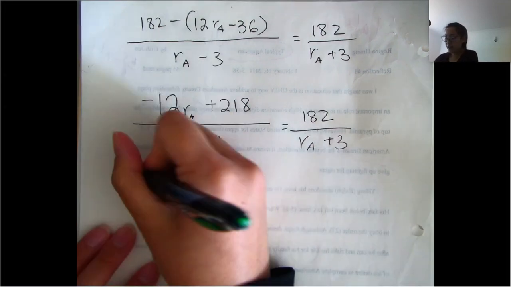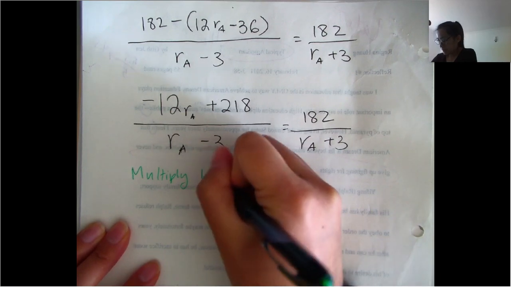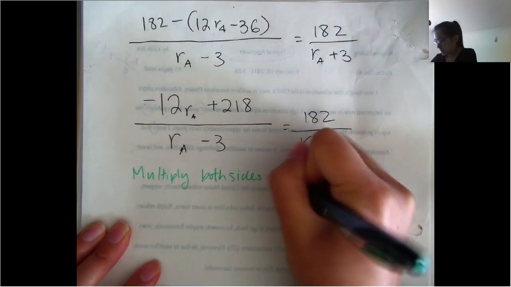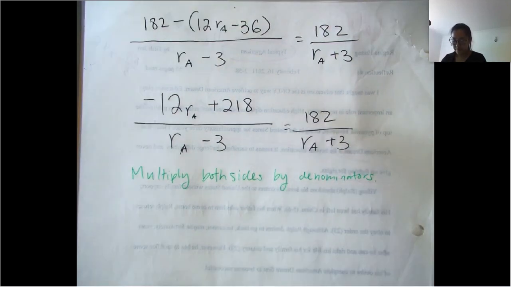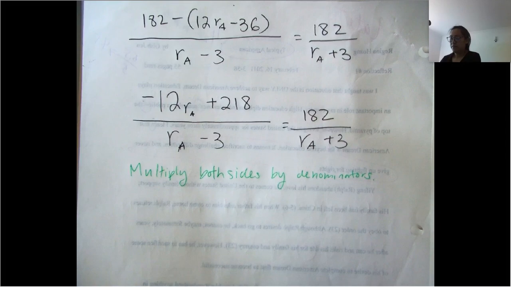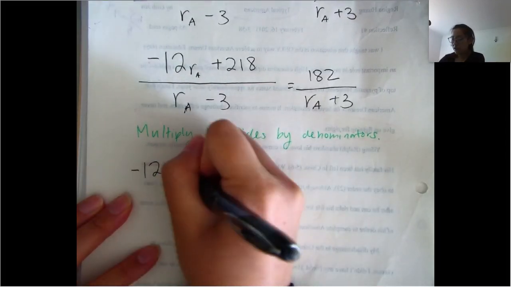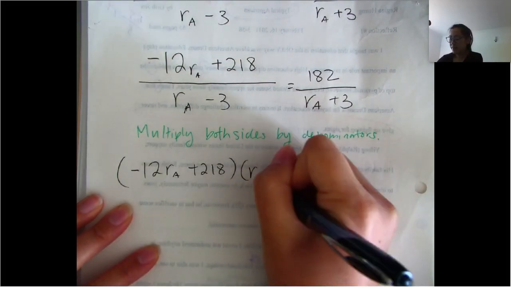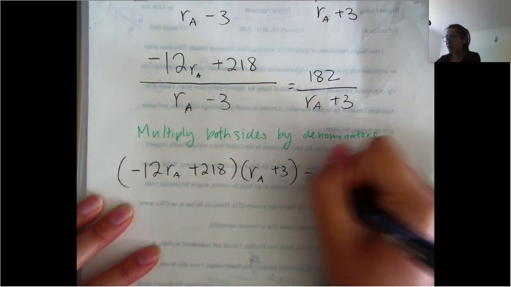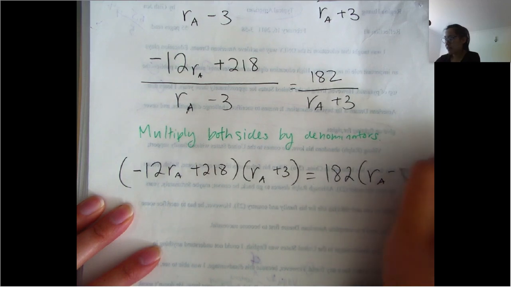Okay, at this point you want to multiply both sides by the denominator. And so you have negative 12 R sub A plus 218 times R sub A plus 3 equals 182 times R sub A minus 3.